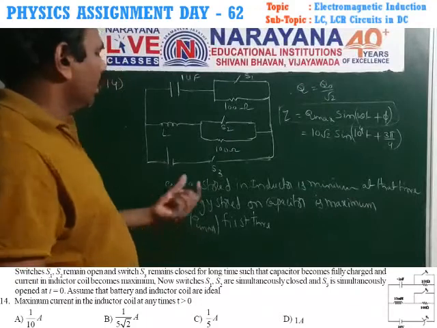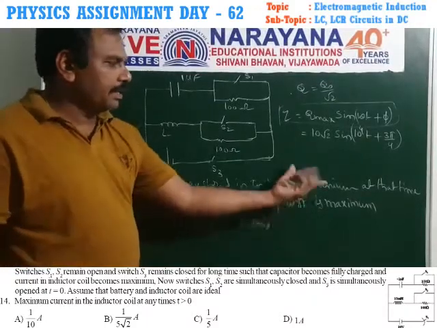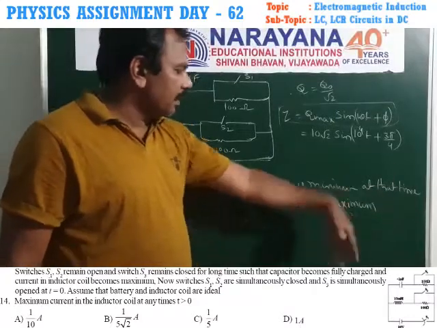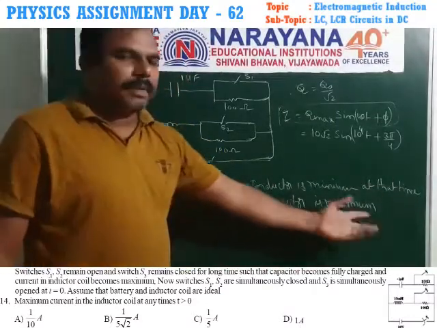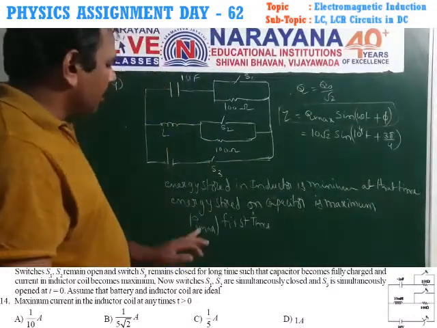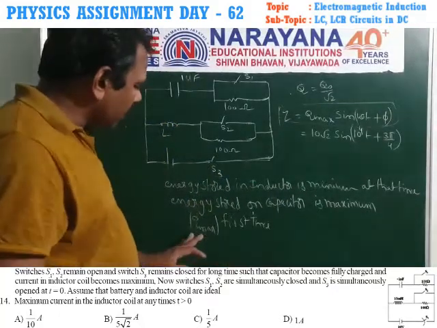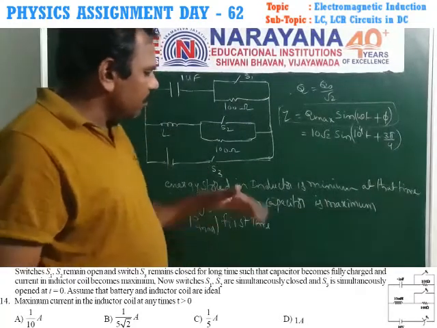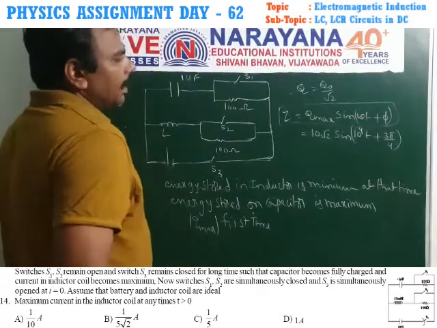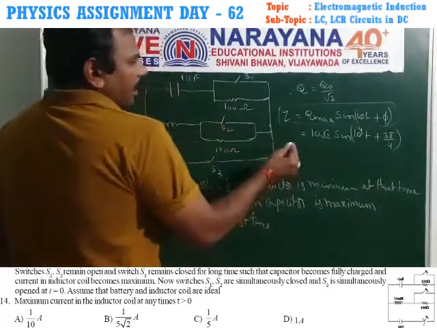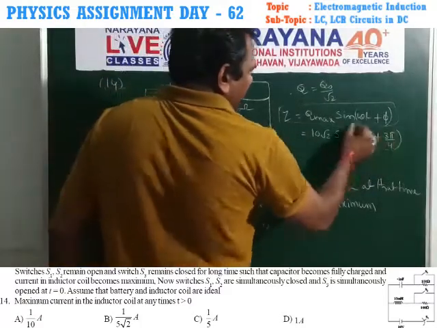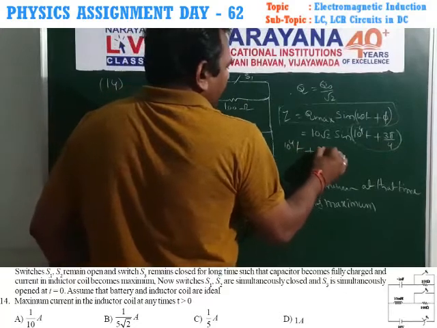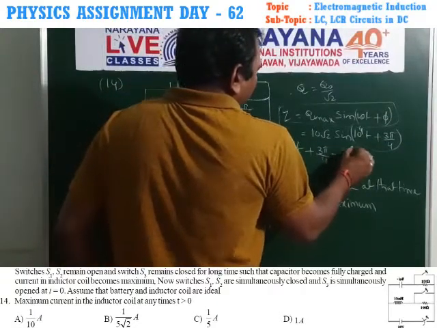In the 14th sum, energy stored in the inductor is minimum. At that time, energy stored in the capacitor is maximum. So that means the charge stored on it is maximum. Q maximum first occurs at a phase angle of 3 pi by 2. So 10 power 4 into t plus 3 pi by 4 is equal to 3 pi by 2.